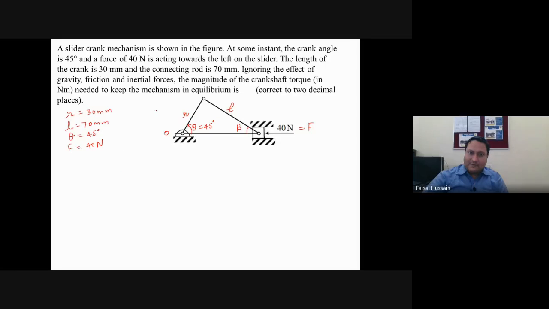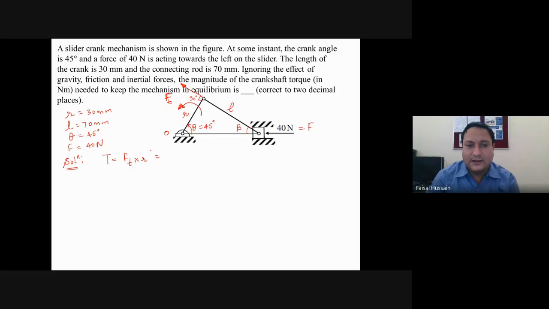For example, if this crank is rotating in this direction, okay, so this will be the tangential force Ft, at 90 degree. So what will be the torque? The torque will be T equal to Ft into R. Torque will be the product of Ft into R basically.